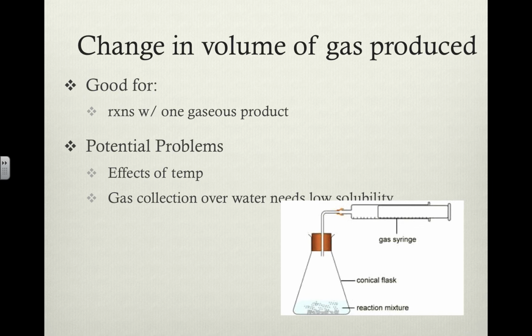If it dissolves well in the water, then we would have a systematic error of a low volume over time. So this is really good for, say, magnesium and hydrochloric acid producing hydrogen gas and magnesium chloride.